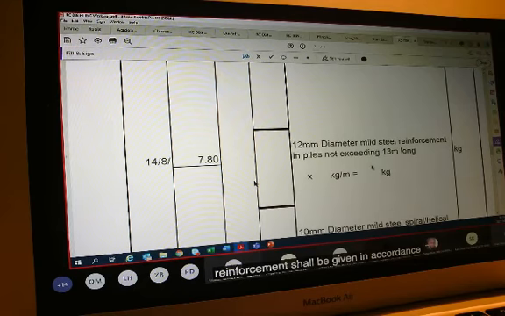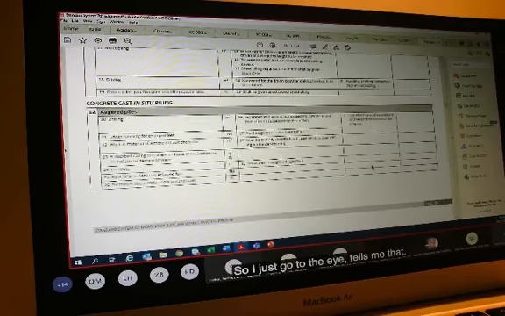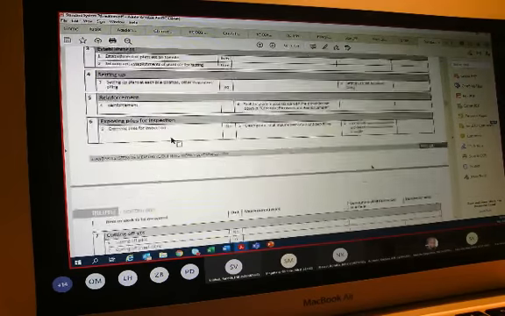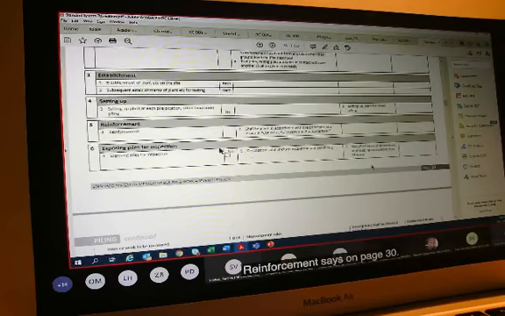So next, I need to measure my 12 millimeter diameter mild steel reinforcement in my piles. When I look at the steel reinforcement, the standard system tells us that under piling, the steel reinforcement shall be given in accordance with the principles laid down in concrete formwork and reinforcement.